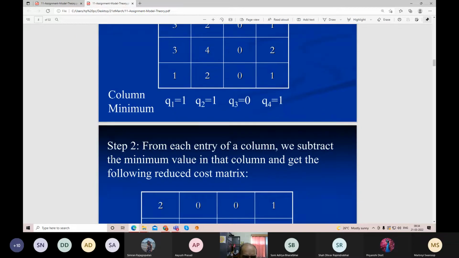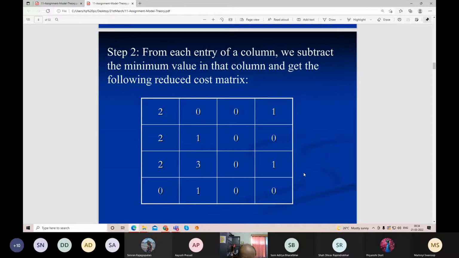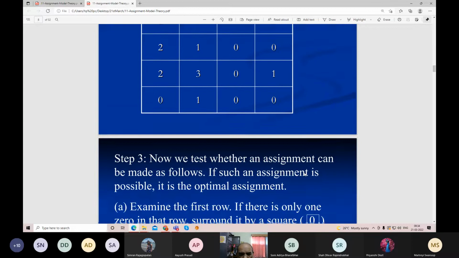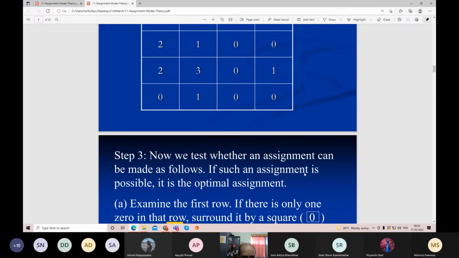Then step 2, from each entry of a column, we subtract the minimum value in that column and get the following reduced cost matrix. So this is the cost matrix we have obtained. Further, step 3, now we test whether an assignment can be made as follows. If such an assignment is possible, then it is an optimal assignment, otherwise not.